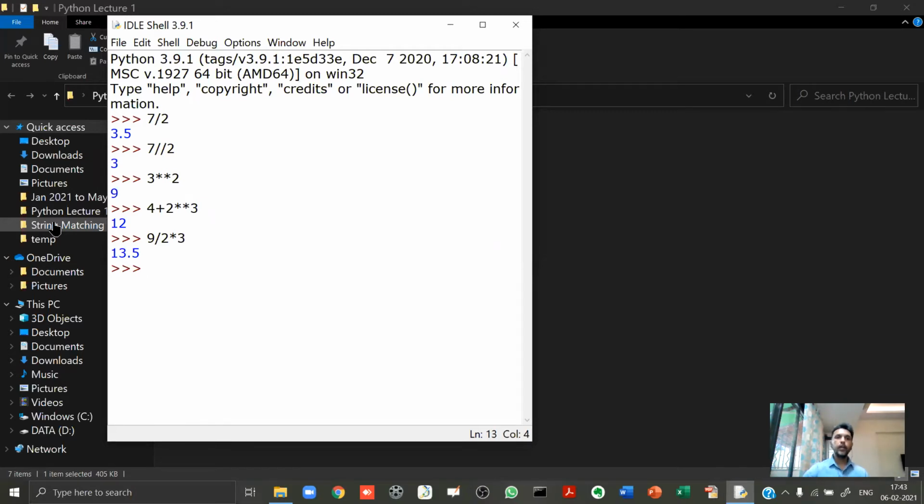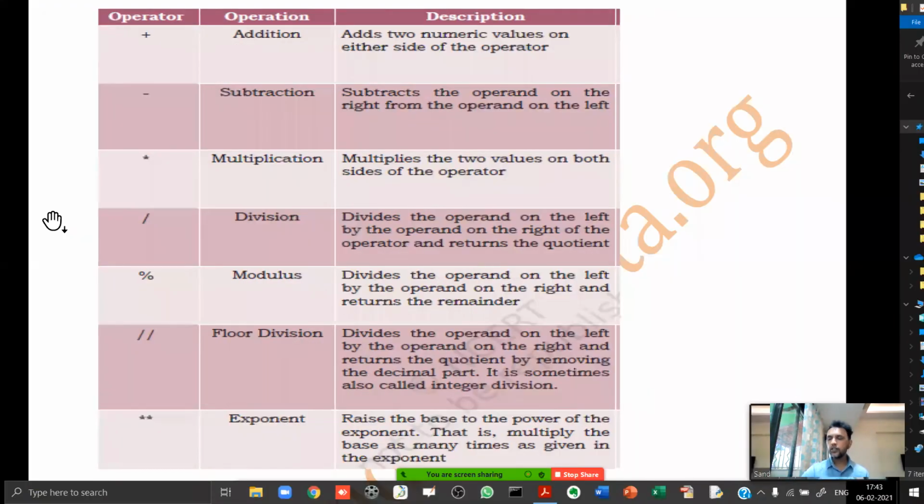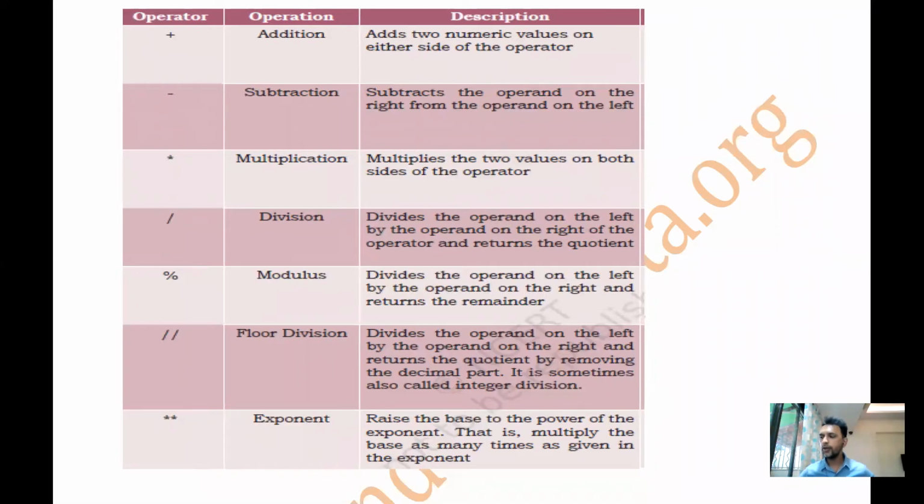All right. Now, let's talk about this associativity in more detail. Is this table in front of you? All right. Now, I hope the table of the printed notes is there in front of you. So if you look at this table of the printed notes over here, there are 7 operators.